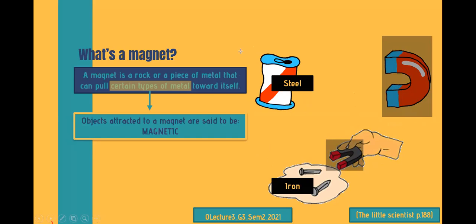Iron and steel. So things made of iron and steel will be attracted to magnets. The magnet will pull them, will attract them. Okay? We will watch a video now and we will see, are all metals attracted to magnets? Let's see.